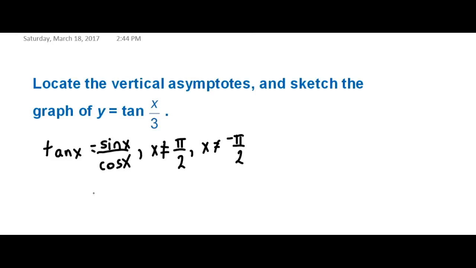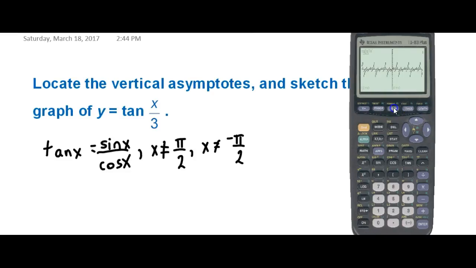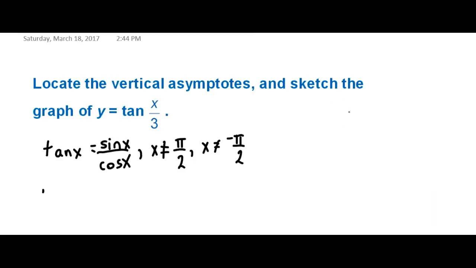So that's essentially where these asymptotes are occurring. We go back to zoom 7 here. Those asymptotes are occurring at pi over 2, negative pi over 2, in intervals of pi over 2. Now, if we look at tangent of x over 3, we're looking for where tangent of x over 3 is defined.